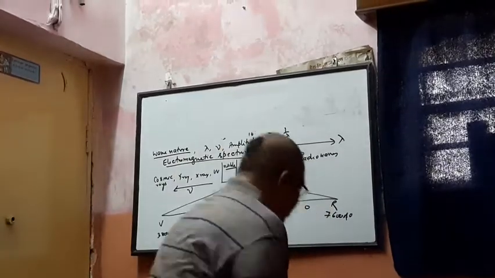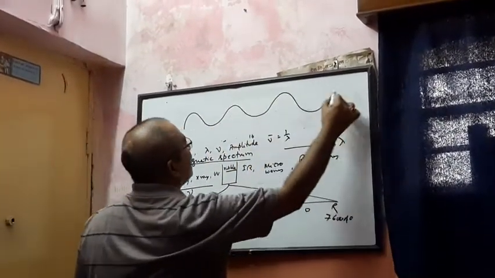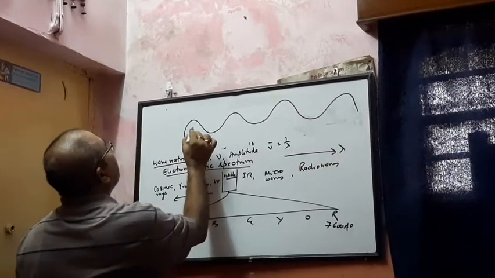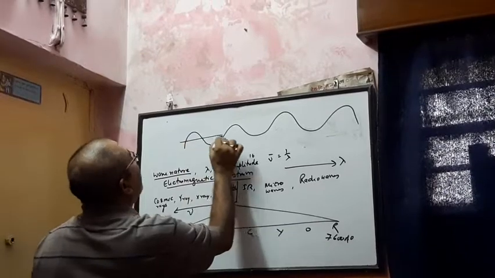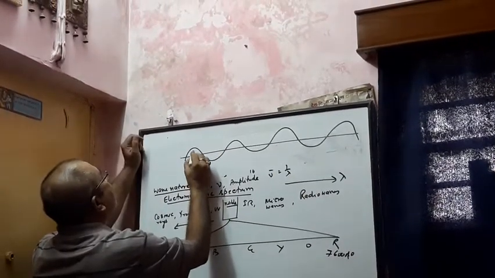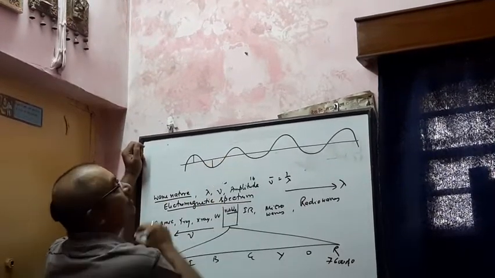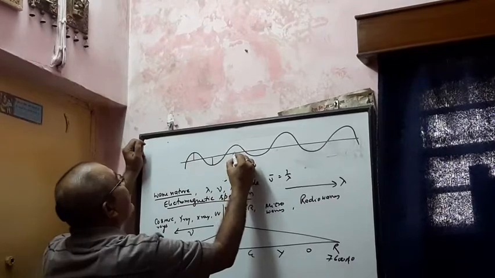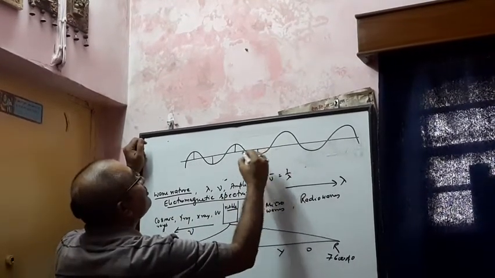See, you assume that this is your wave. In this wave, you check here, this is the height of your wave and this is the depth of your wave. So again this is height of wave, this is depth of wave.